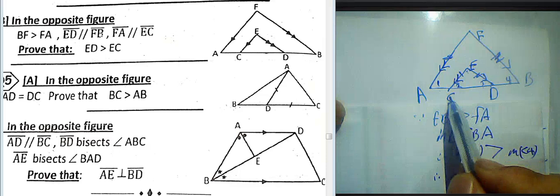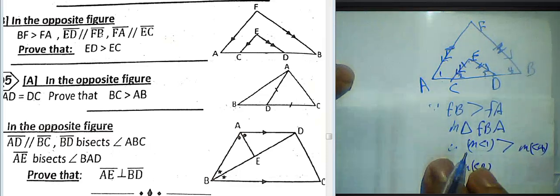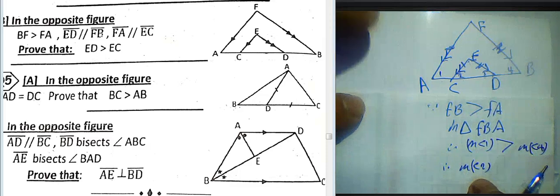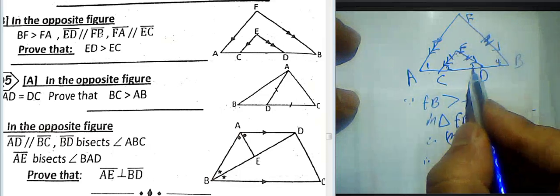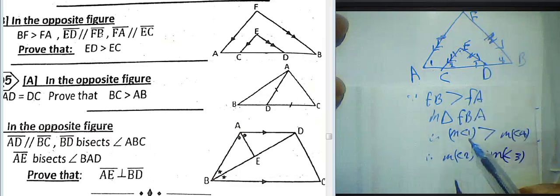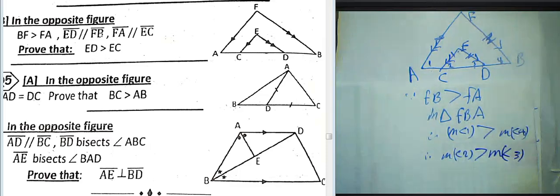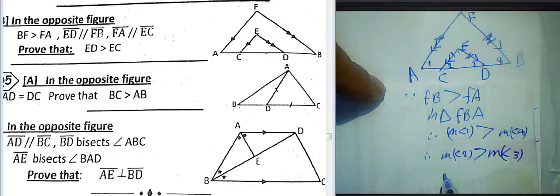Because we proved that measure of angle 1 equals measure of angle 2 and angle 3 equals angle 4. We can replace angle 1 with 2, and we can replace angle 4 with angle 3 because we have corresponding angles here. Okay, understood? Then measure of angle 2 equals measure of angle 3.